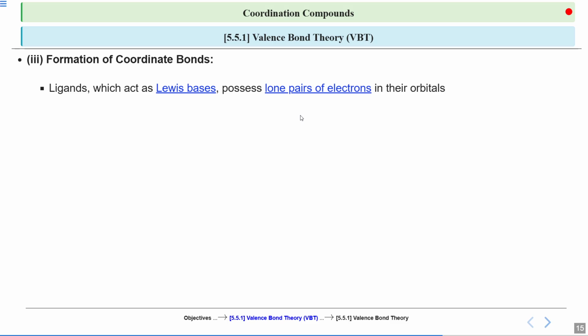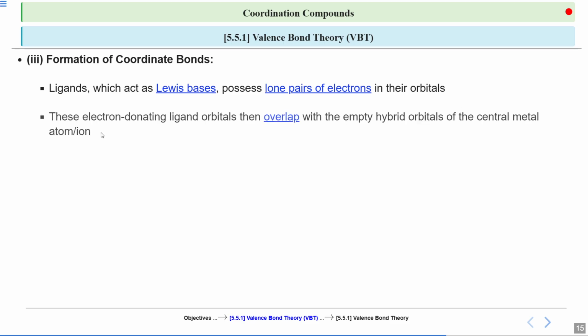So ligands act as Lewis bases having lone pairs of electrons in their orbitals. Now these electron-donating ligand orbitals overlap with empty hybrid orbitals of the central metal atom or ion.